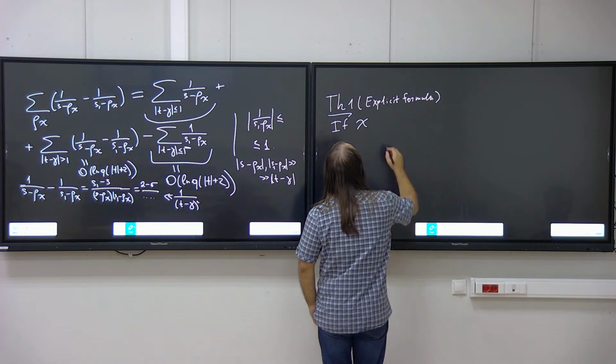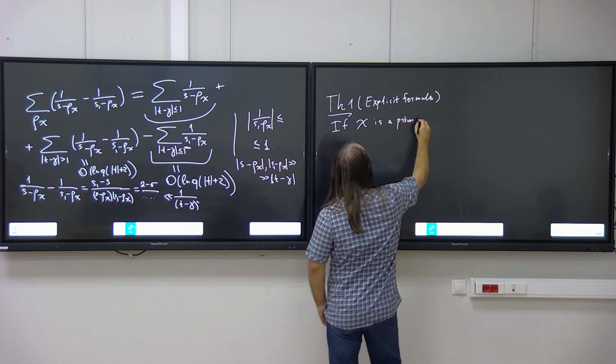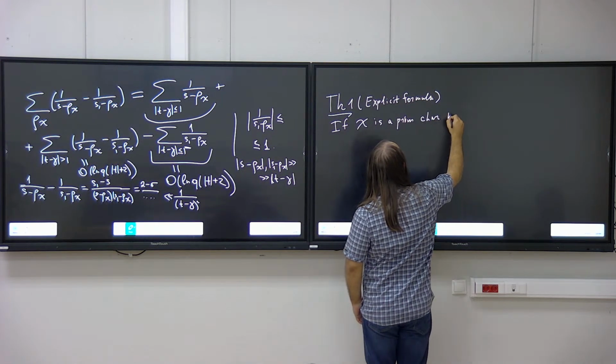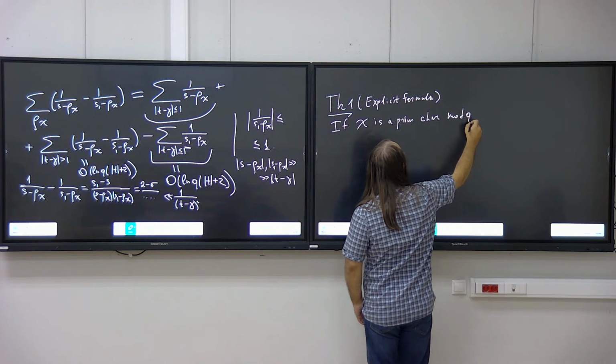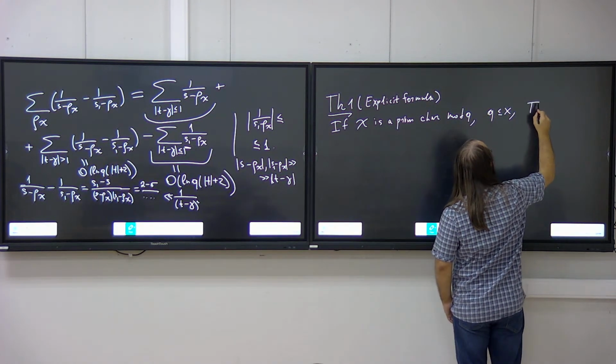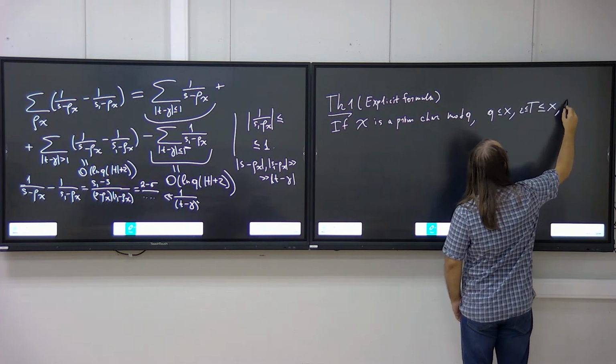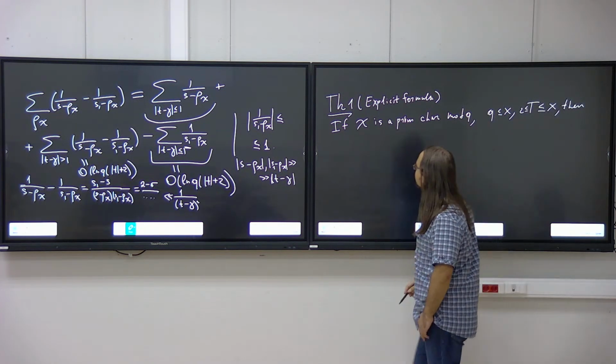So if psi is a primitive character modulo q, q larger than 1, of course, q is at most x, t is at most x and at least 2, then we have the following formula.